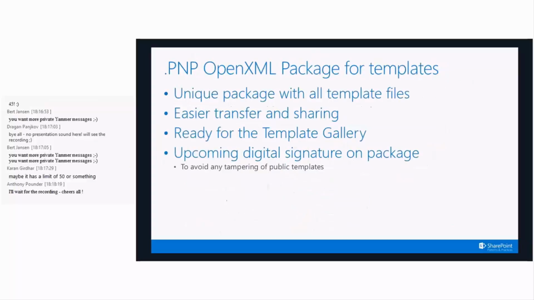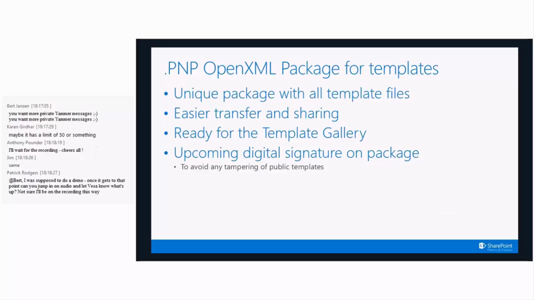The PnP OpenXML package for templates is a really great thing, implemented mainly by Paolo and Erwin. This is a unique package with all of the template files. The whole point is that if you persist branding assets and the template from the PnP provisioning engine, you actually get a PnP file.